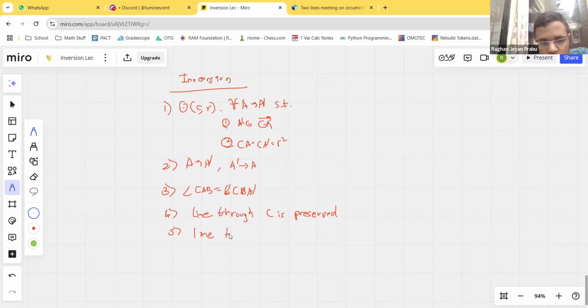Lines not through C swap with circles through C. And circles not through C become some other circle not through C. It need not be the same.